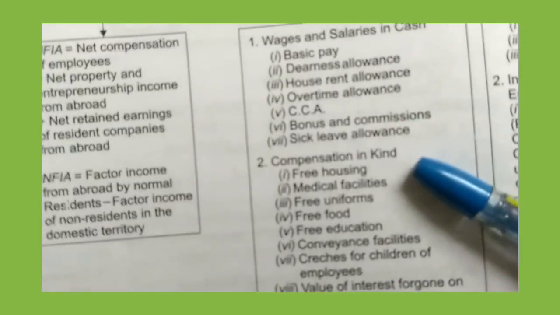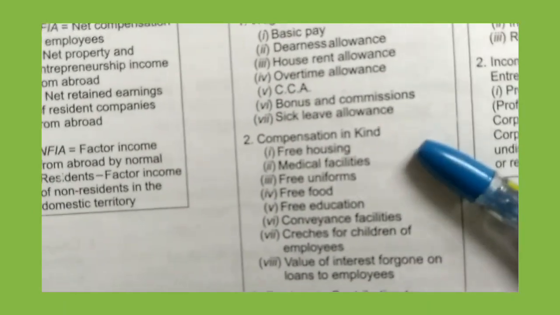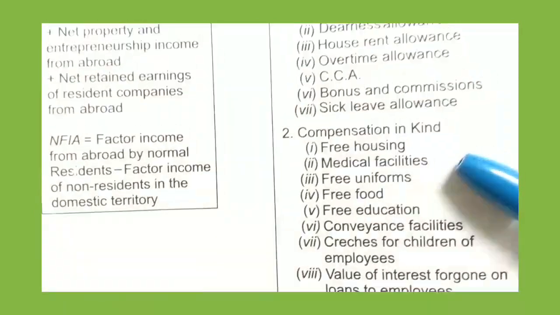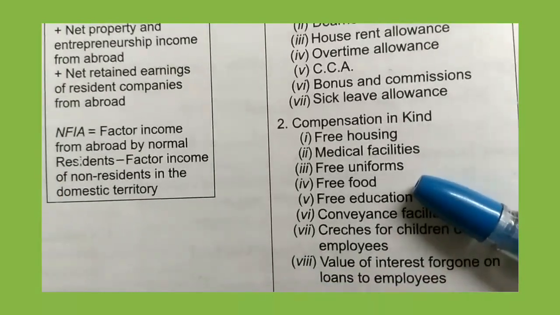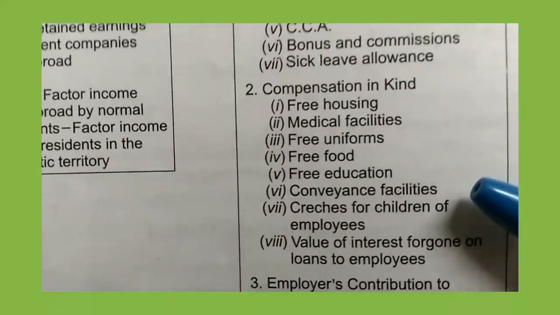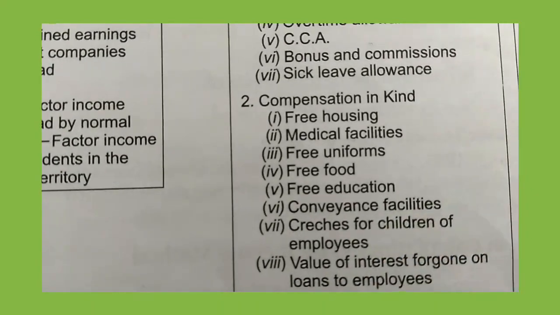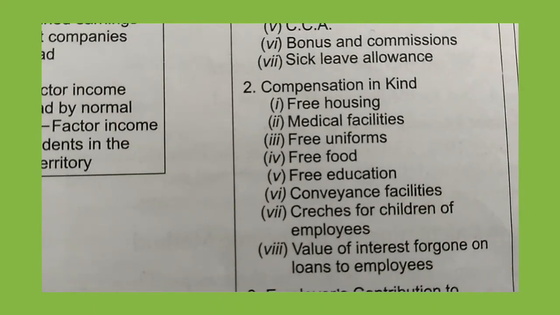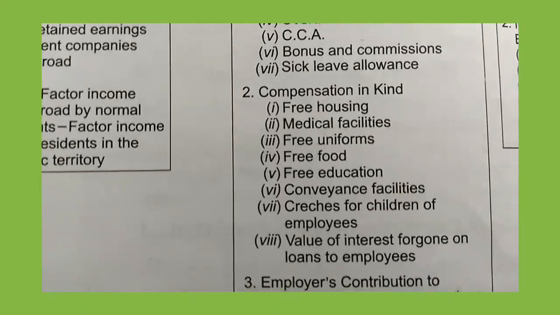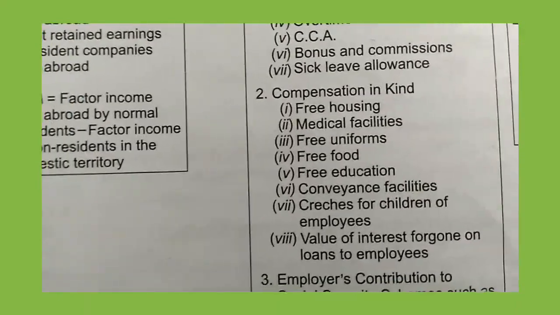Number 2, the compensation in kind: free housing, medical facilities, free uniforms, free food, free education, convenience facilities, crèches for children of employees, value of interest forgone on loans to employees. These are called compensation in kind.